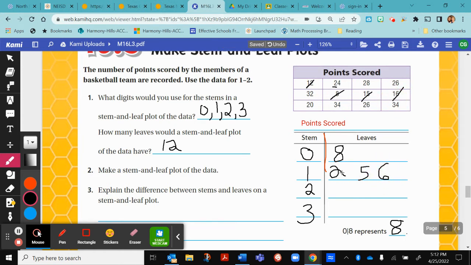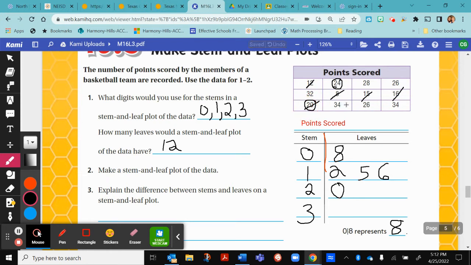So in the ones, it's 12, 15, and 16, and so I have 3 leaves there. Next, I'm going to stem 2, and I'm going to go to the 20s. The lowest number I see is 20, so I'm going to put my 0 in the leaf, so that makes it 20. Then I'm done with that one.